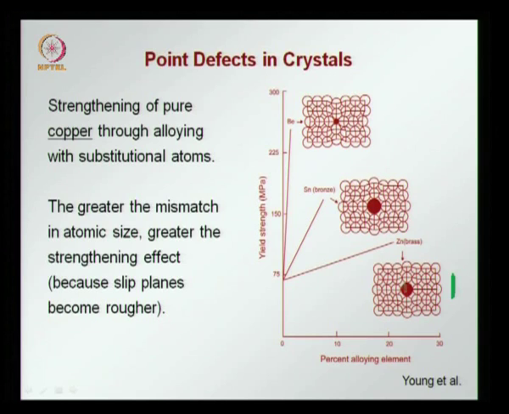Now as the zinc atom is not very different in size and chemistry from the copper atom, we can introduce up to about 20% of zinc in brass until the material becomes unstable, and up to that we find an increase in the yield strength from about 75 megapascal to about 100 megapascal with about 20% of zinc.